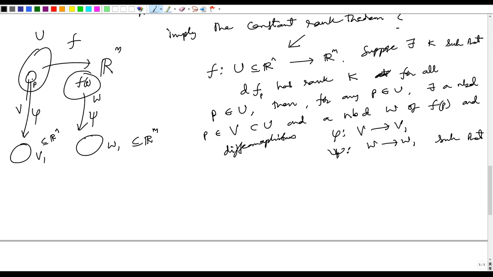That's what I want to say. So after changing coordinates, first I go by phi inverse, then I look at the map f, then I use the new coordinates on the target psi, acting on x1, x2, ..., xn equal to x1, ..., xk, and then zeros.